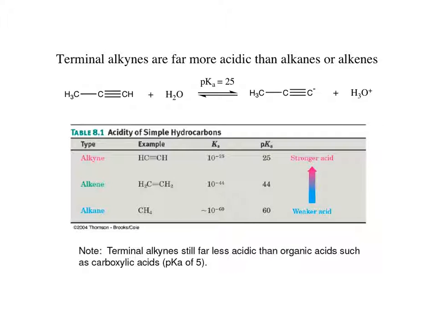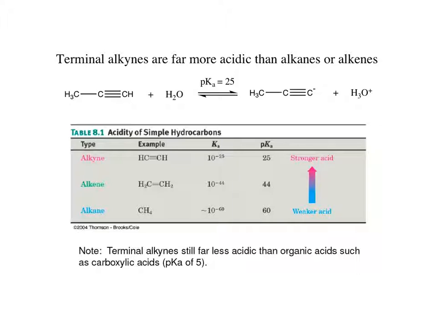As for the acidity of the alkynes, terminal alkynes are much more acidic than alkanes or alkenes. You can look at the pKa values for an alkane, which is around 60, and compare that to an alkene, which is in the mid-40s. Well, a terminal alkyne has a pKa right around 25.